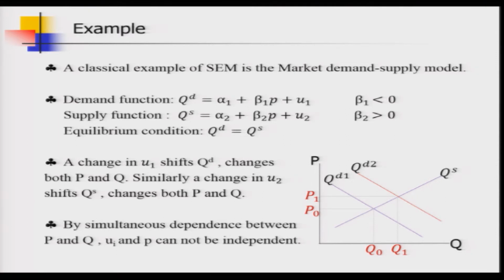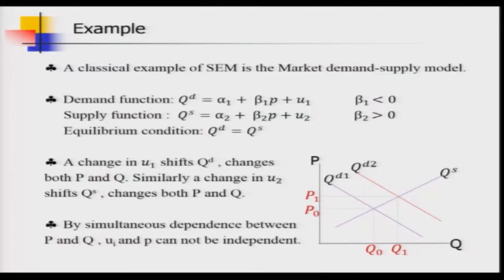They intersect at a point for which you get the price P naught and quantity Q naught. So P naught and Q naught are the equilibrium market price and equilibrium quantity which will be bought and sold in the market, because P naught is the price where the market demand is exactly equal to the market supply. This is the crux of the market model.